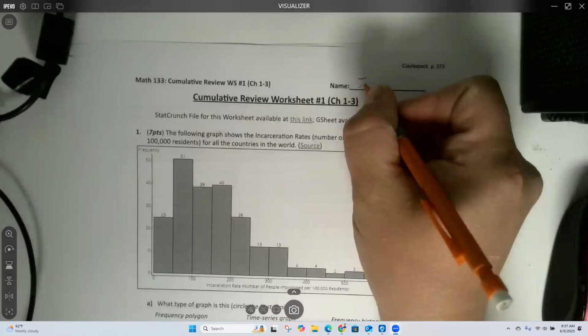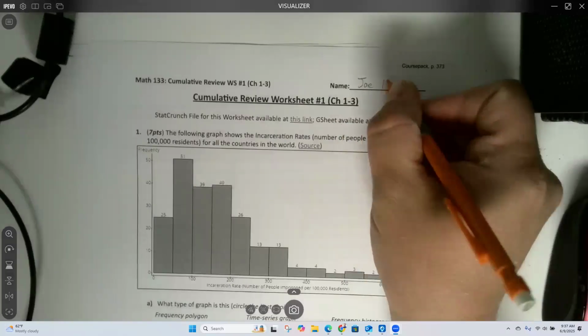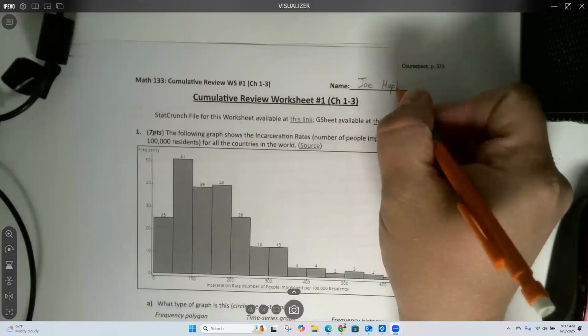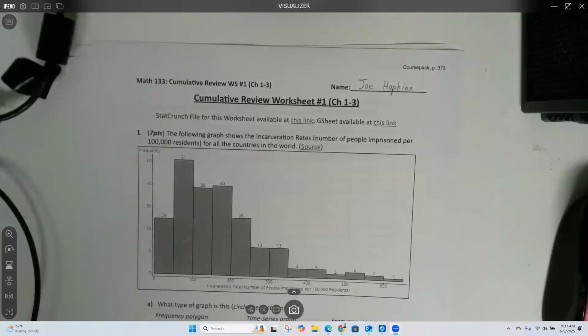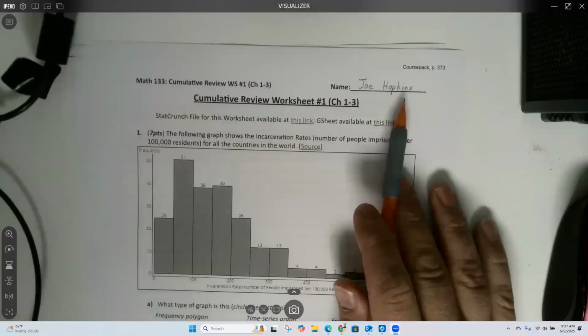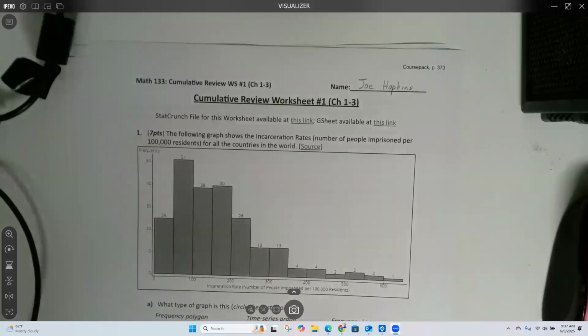Make sure you put your name on this. I know it's kind of dumb, but when you scan this in with Genius Scan or CamScanner, it really helps if I have your name on there, because often I have to download them to grade them.